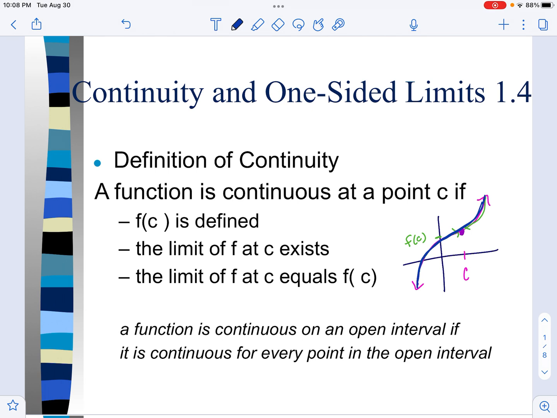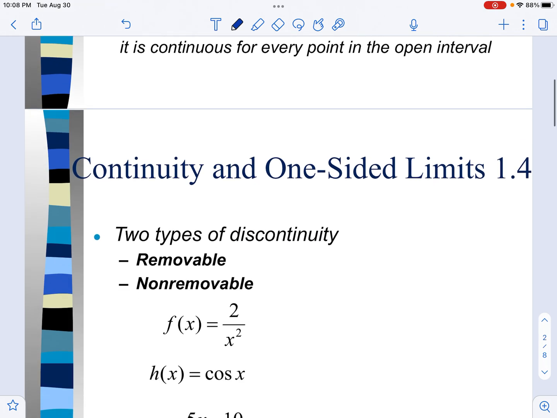A function is continuous on an open interval, which means we're not looking at the endpoints, if it is continuous at every point in the interval. Again, you can't pick up that pencil. You should be able to draw it all the way through. So it has no holes, no gaps, and no asymptotes within that interval.